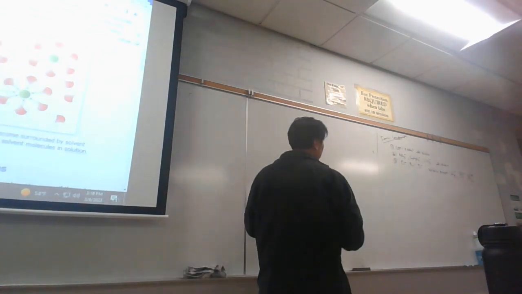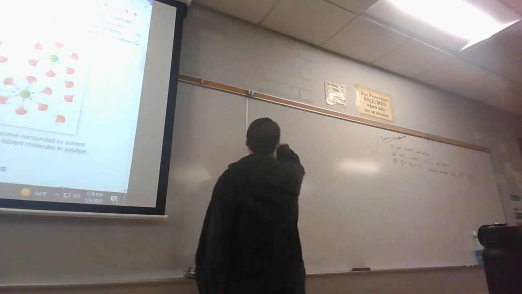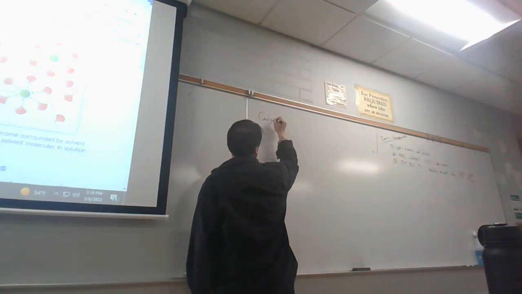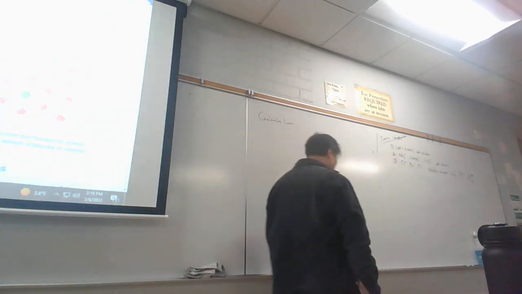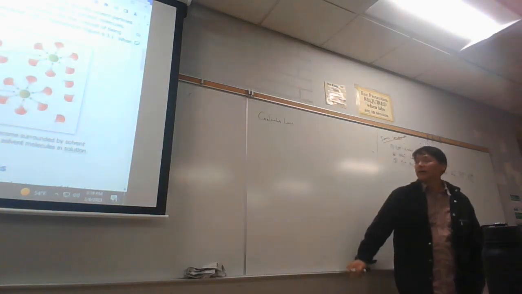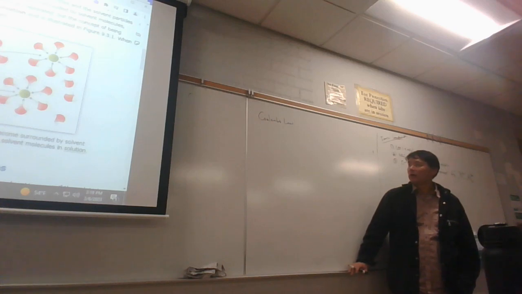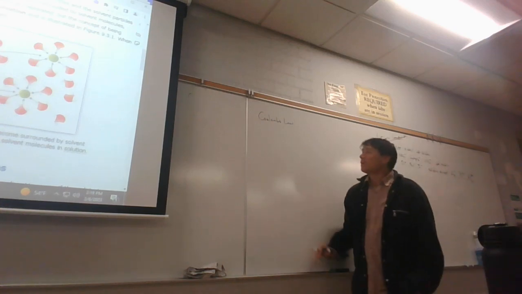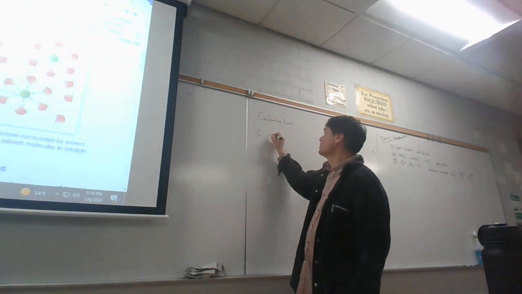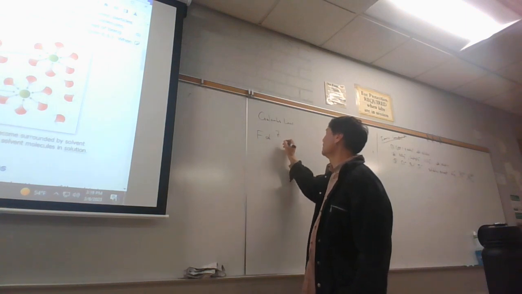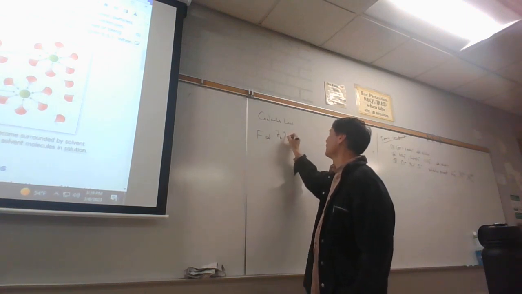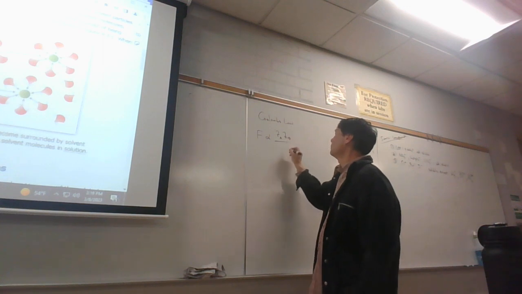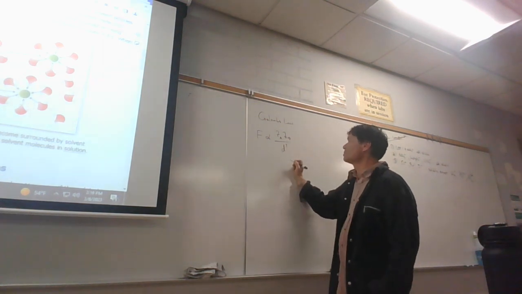When we're looking at electrical interactions, we like to look at Coulomb's law as just a crude picture of an ionic bond. Coulomb's law says that the force is proportional to the magnitude of the charge on cation A and anion B, divided by the distance between the center of the charges squared.